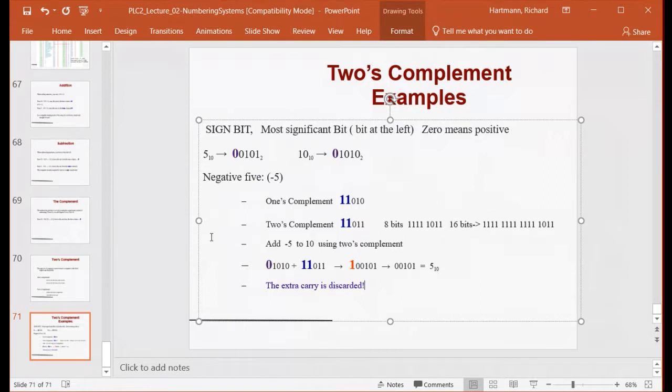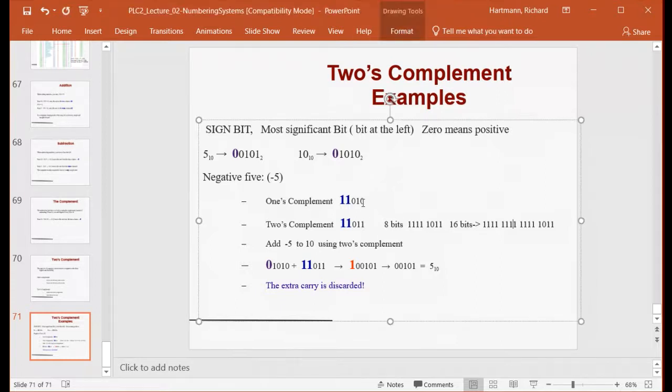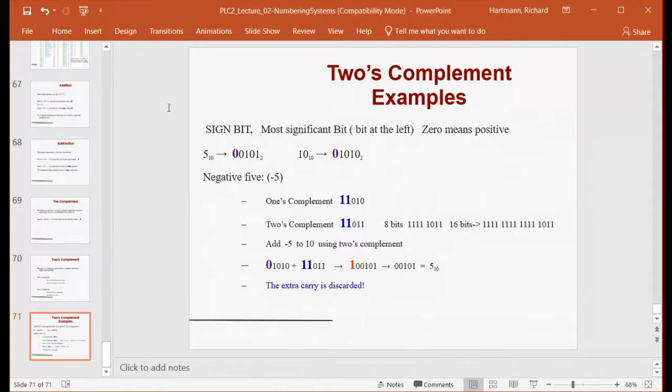But you would have to add the +10, so if you were doing 16 bits, you would have to add all the extra zeros in front of this to make it up to 16 bits. Do the math and it will come out. So that's twos complement. And again, the reason we need to know that is because that's how these negative values are stored inside of the computer.